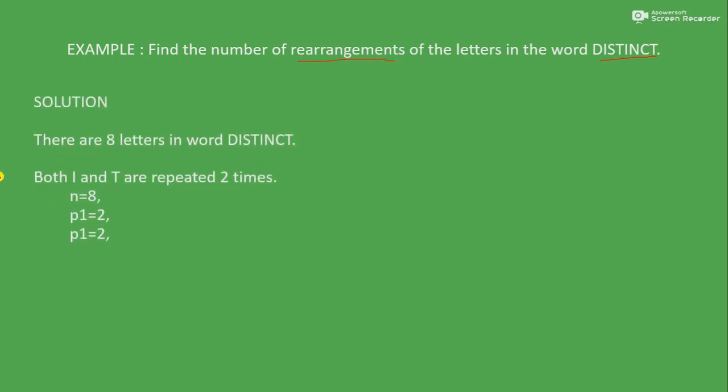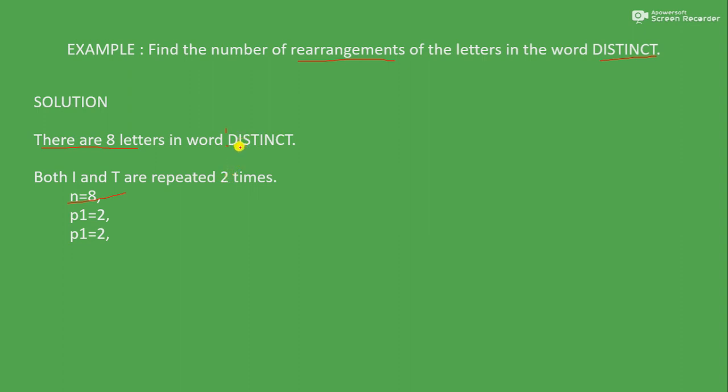We need to rearrange this word. Here there are a total of 8 letters: 1, 2, 3, 4, 5, 6, 7, 8. Therefore n equals 8. In this word, both I and T are repeated two times.